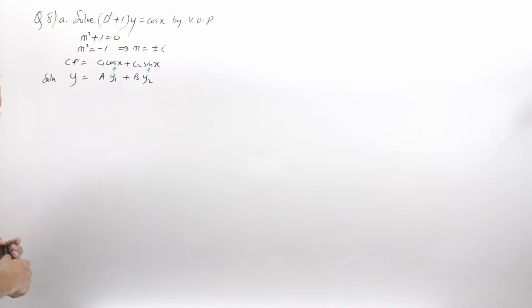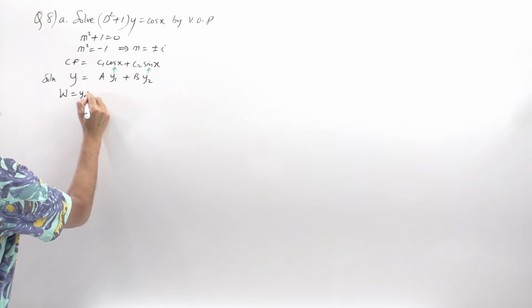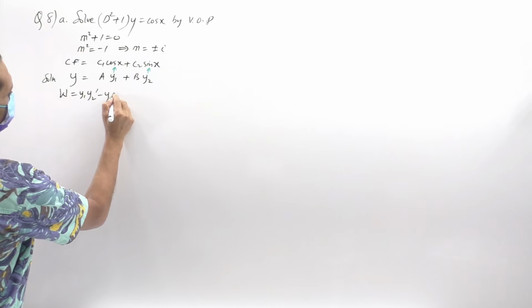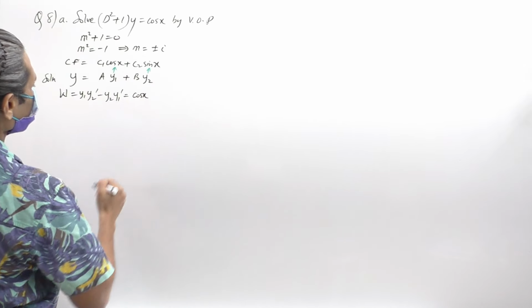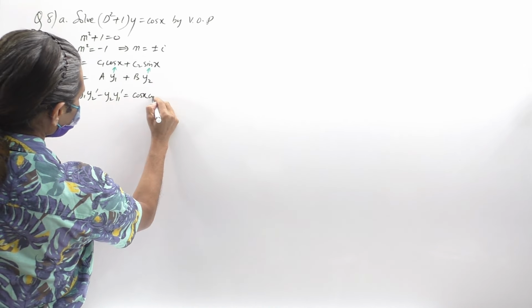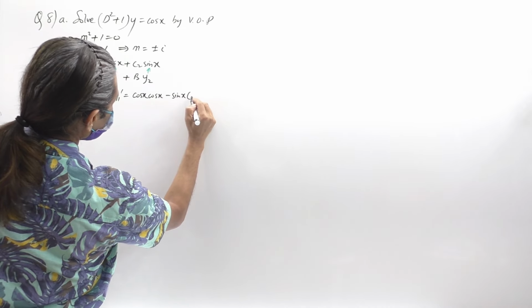Now y1 is cos x and y2 is sin x. We find the Wronskian, that is W. W is equal to y1 y2 dash minus y2 y1 dash, that is cos x into differentiation of sin x, which is again cos x, minus sin x into differentiation of cos x, which is minus sin x.